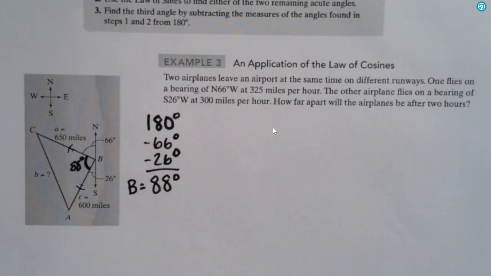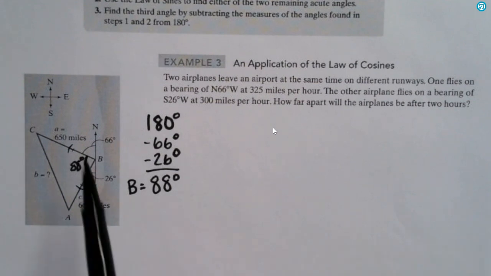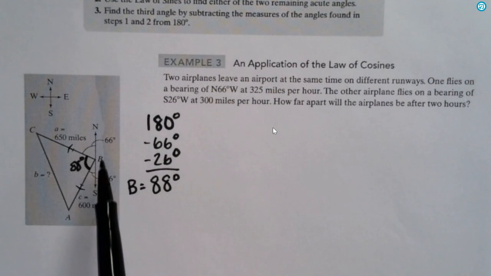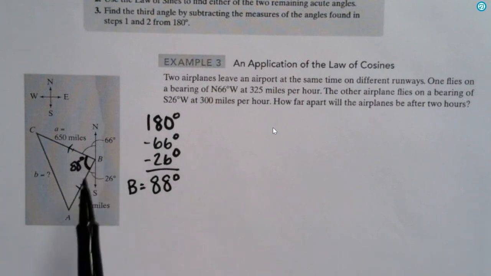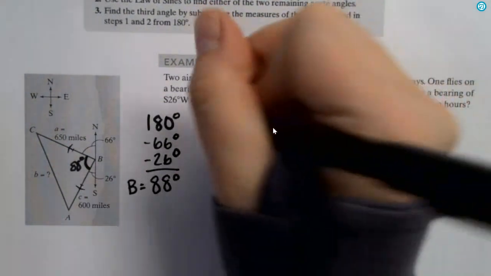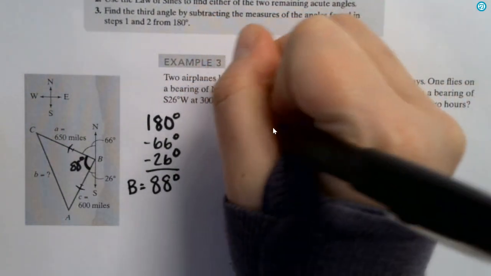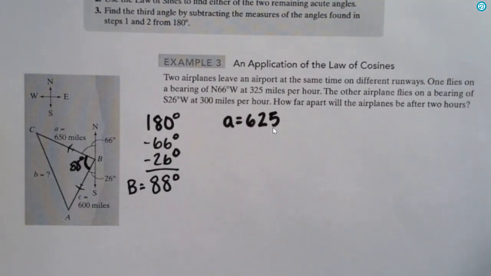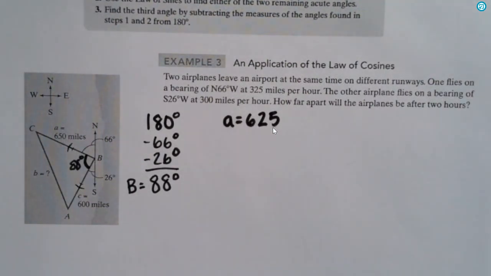So then this one's going 325 miles per hour for 2 hours. That's why it's 650. This one's going 300 miles per hour for 2 hours. That's why it's 600. So we now know that little a equals 650.